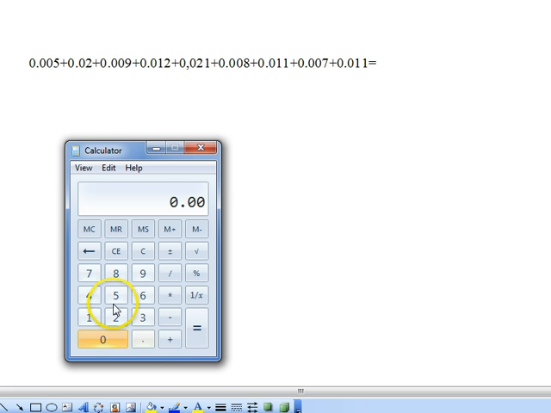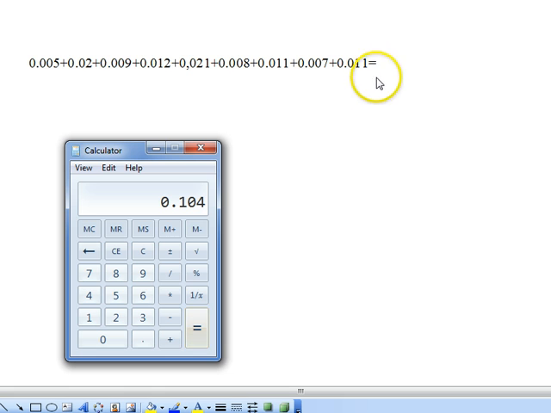So 0.005 plus 0.02 plus 0.009 plus 0.012 plus 0.021 plus 0.008 plus 0.011 plus 0.007 plus 0.011 equals.